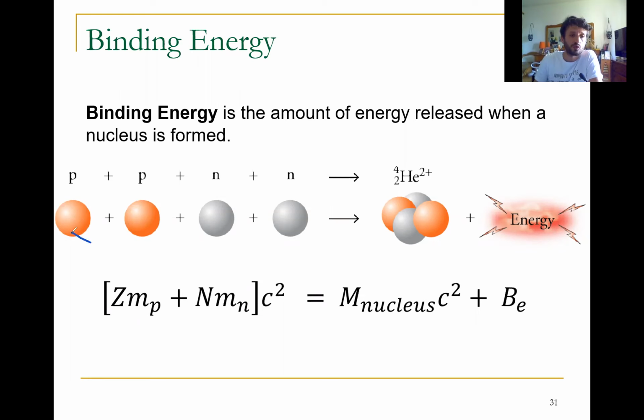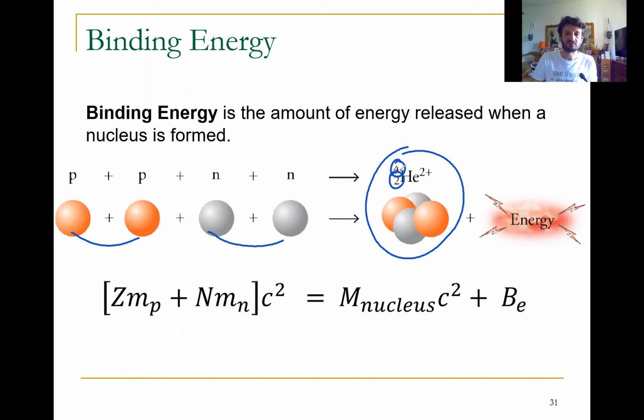We have two protons and two neutrons that can be fused together by a nuclear reaction to get a new nucleus of helium, He 4 2, with two protons and two neutrons.